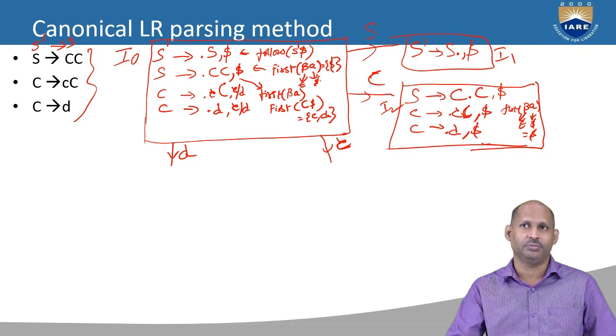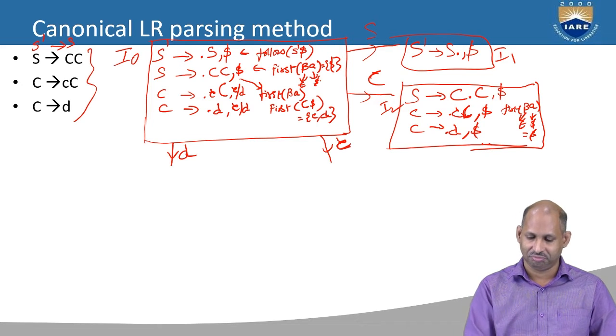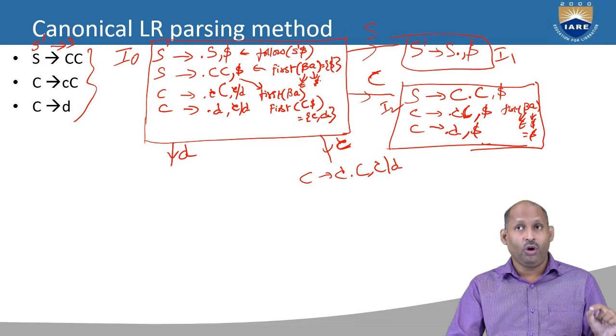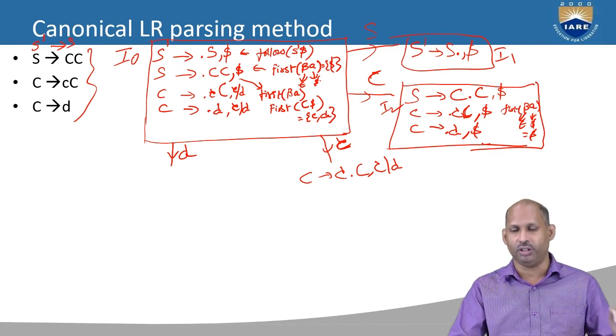Now, if terminal C is the input, C gives terminal C, dot variable C followed by C. Go to operation on terminal C. Then dot terminal C will become terminal C followed by dot.